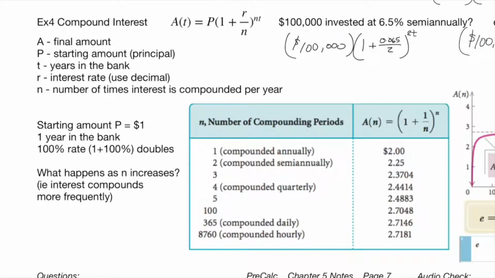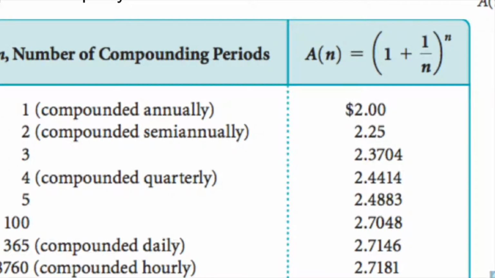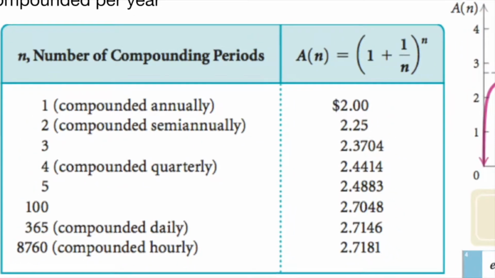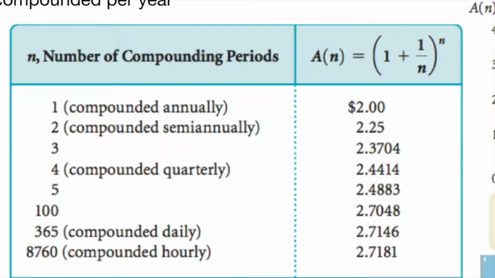And up here, they're also doing the same. In fact, this is what it looks like in the simplified version. $1, 100%. This is written as a decimal, 100%. And then since t is 1, we're only going 1 year. That also kind of evaporates as well. It's just an invisible, unwritten 1 right here.